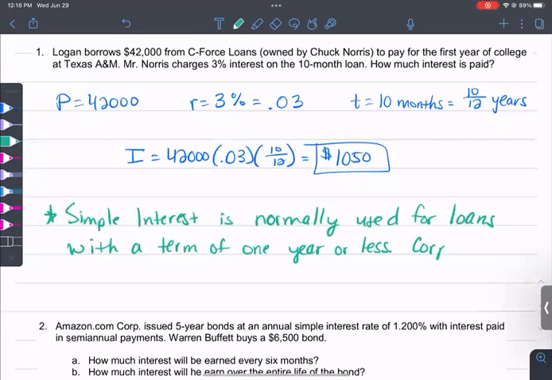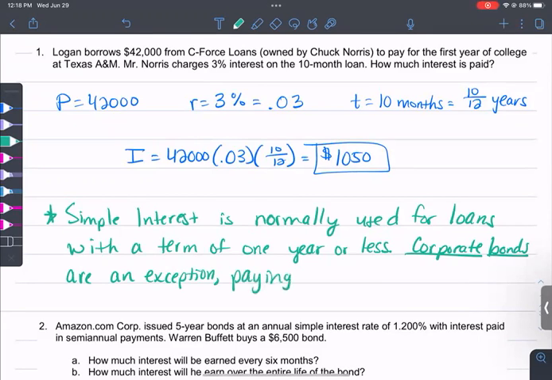Corporate bonds are an exception. Paying simple interest twice a year, for a specific length of time.